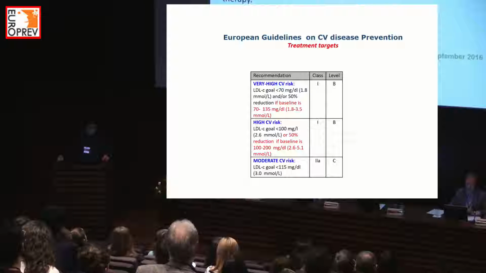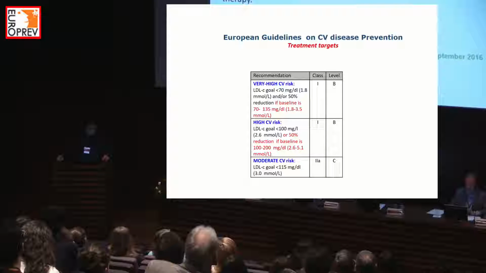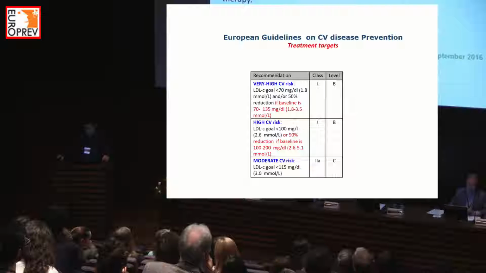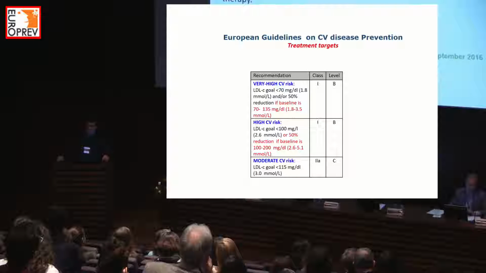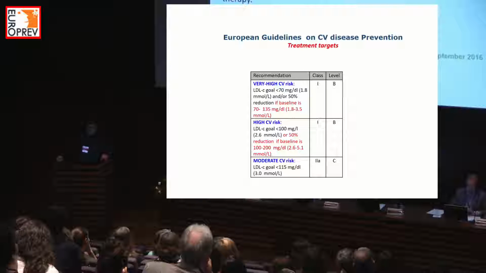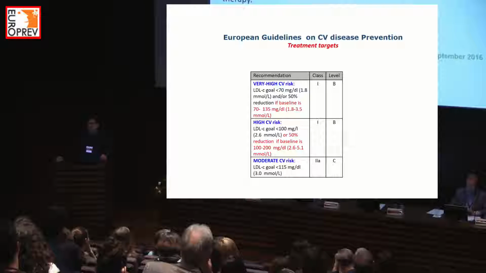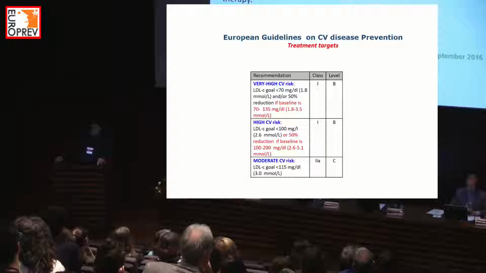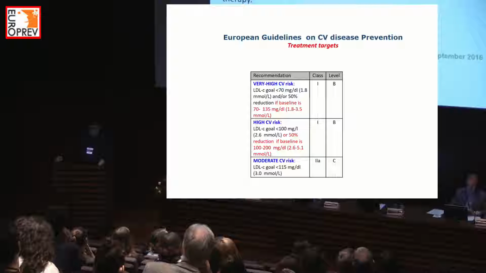They offer, and they are very clear on that, atorvastatin 20 milligrams for primary prevention of cardiovascular disease to people who have a 10% or greater 10-year risk of developing cardiovascular disease. And also NICE recommendations do not stipulate therapeutic targets for LDL, as opposed to the European guidelines that I have just shown you.